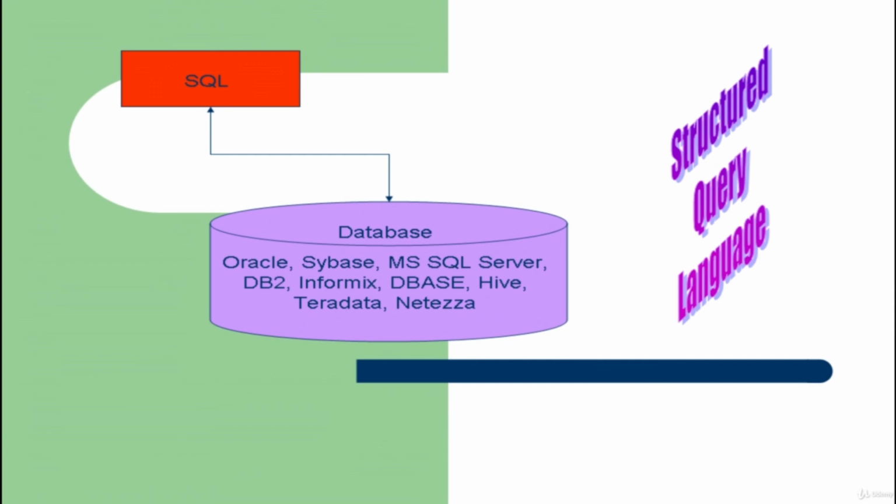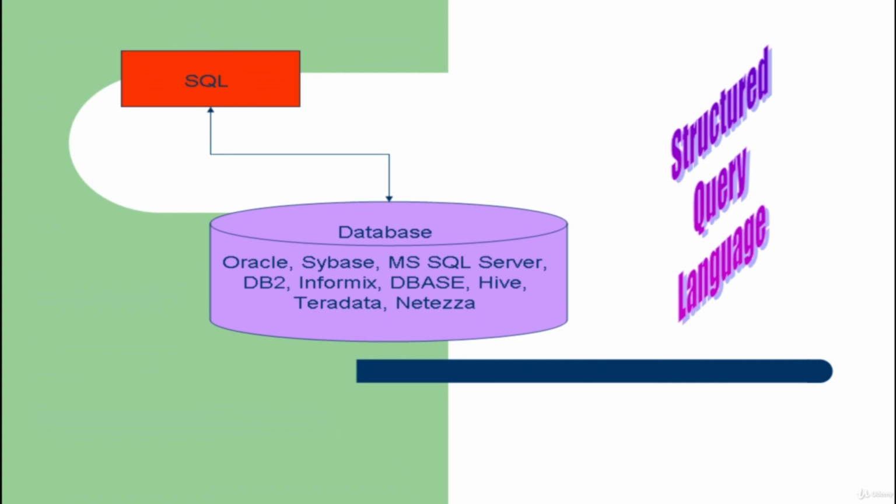There are some famous database management systems like Oracle, Sybase, Microsoft SQL Server, DB2, Informix, DBase4. There are high-end databases like Teradata or Netezza, and Hive is also a database in the big data or Hadoop environment. To fetch or look at the data or to summarize the data, we use what is called SQL.